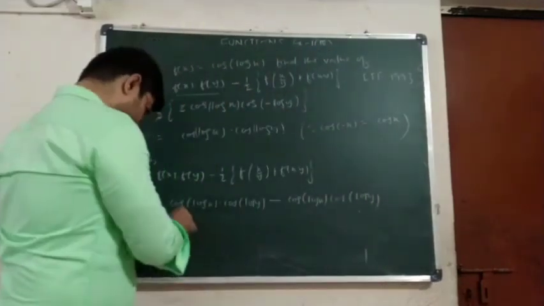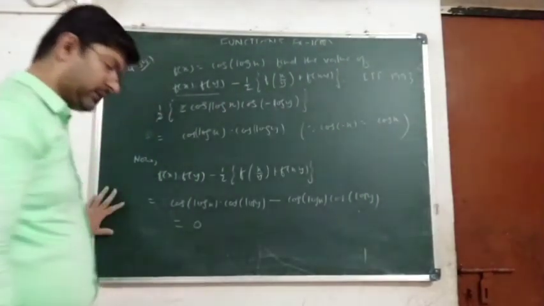So similar terms with opposite sign will get cancelled and the value will be 0.